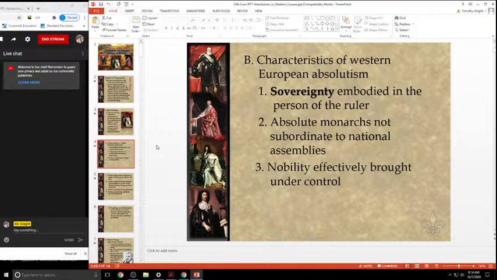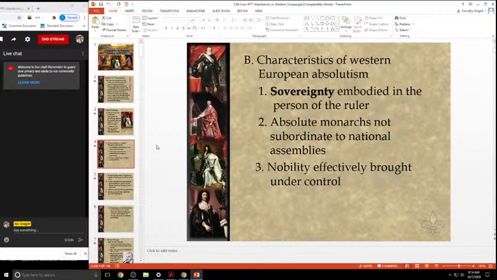Okay? Absolute monarchs were not subordinate to national assemblies. When I say a national assembly, I'm talking about like a legislative body, like parliament. In England, they don't have absolute monarchies because their monarch is subordinated to the National Assembly, Parliament in England, okay? So absolutism is a little tricky sometimes to wrap your heads around.